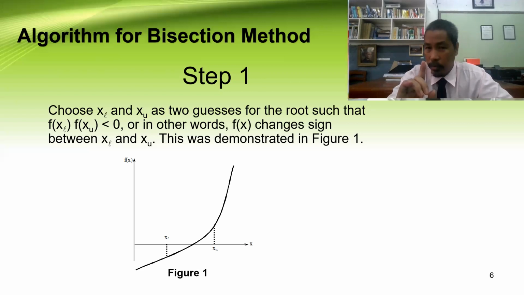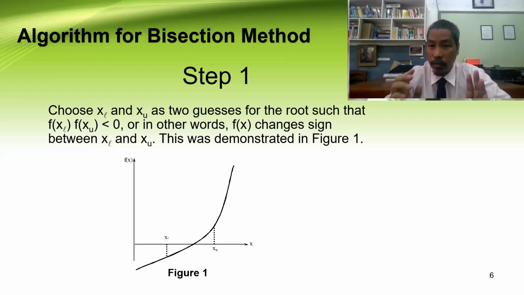You have to make a choice. Just select two values of x, one of which is XL, one of which is XU. Just select two points. And you can try it again if it did not go well, or if it did not satisfy the theorem.